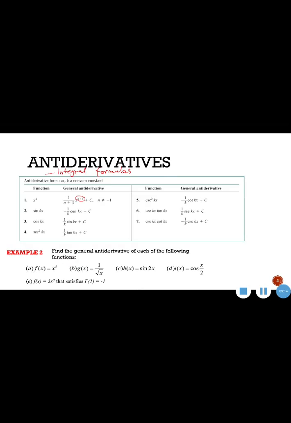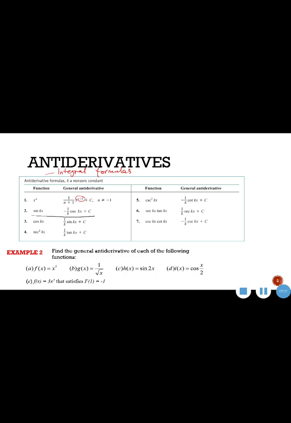Okay, so now we're moving on to question C. h(x) is sine 2x. So H capital letter X is the integral of sine 2x dx. Do you remember the integral for sine? No worries, we can just look at the table here. Sine kx is this one: minus 1 over k cos kx plus c.